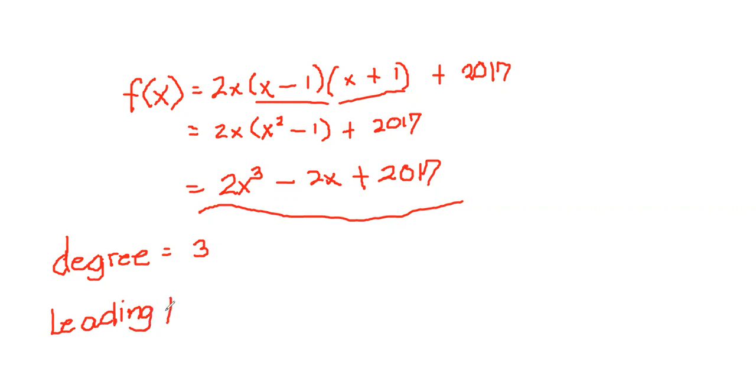How many terms do we have in this polynomial function? We have 1, 2, 3. A term is separated by minus and plus. The term with the highest exponent is 2x cubed, so that is our leading term.